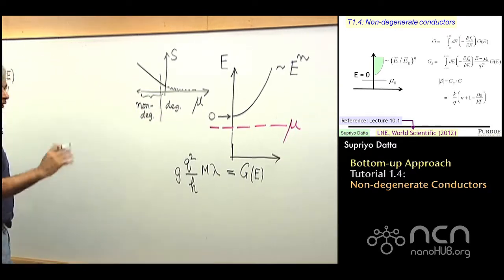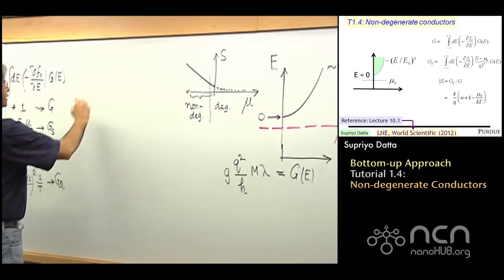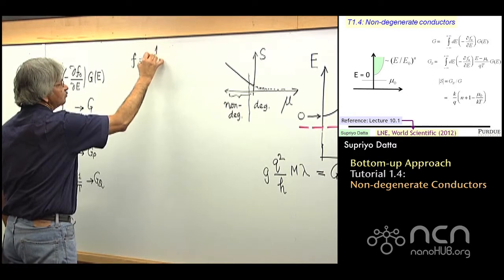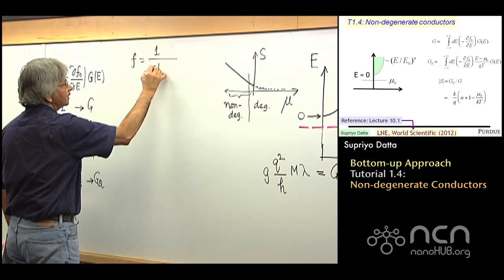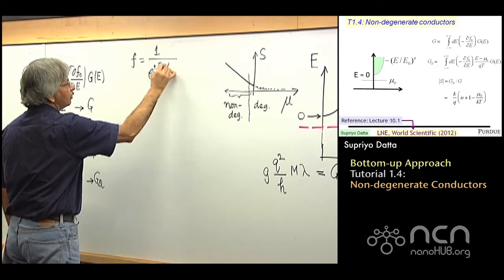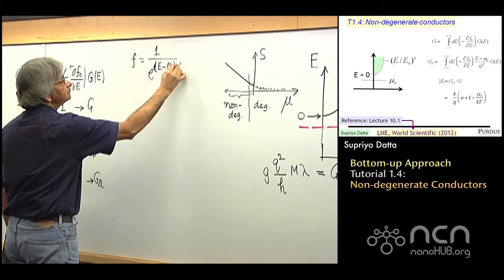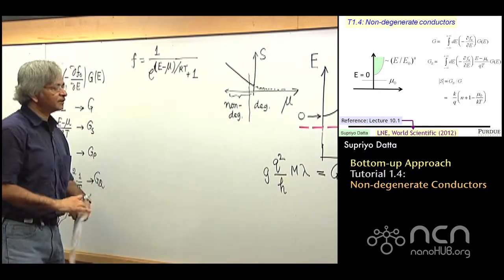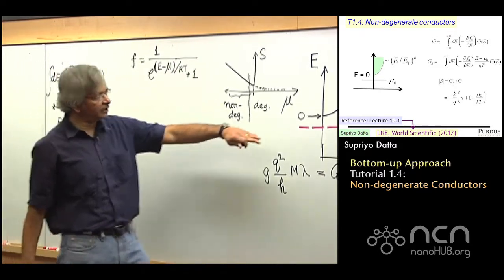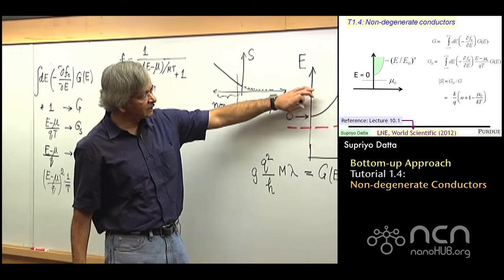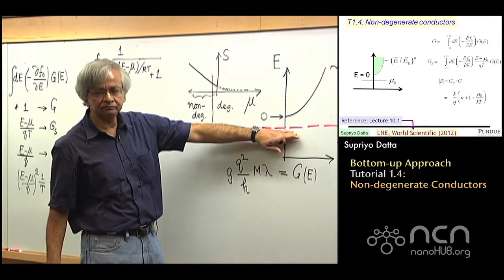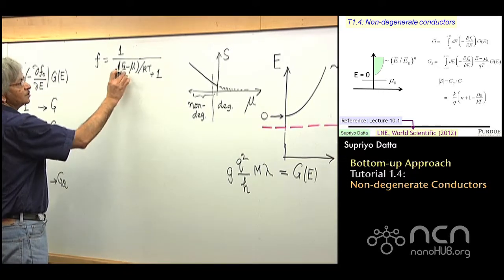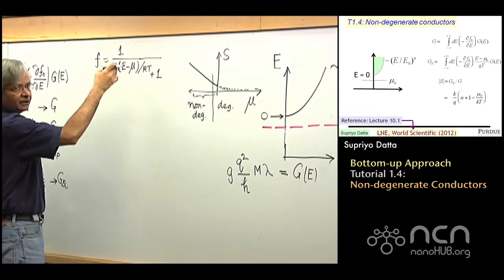In this context, what it simply means is that the Fermi function, which is usually written as 1 over exponential of (E minus mu) over kT, plus 1, non-degenerate simply means that all the relevant energies are significantly higher than mu, so that at those energies, (E minus mu) over kT is a fairly big number.